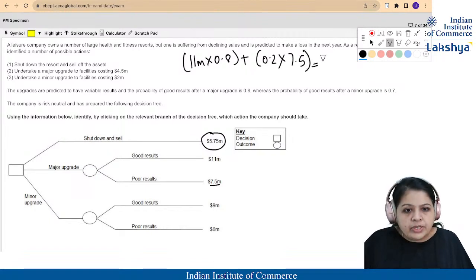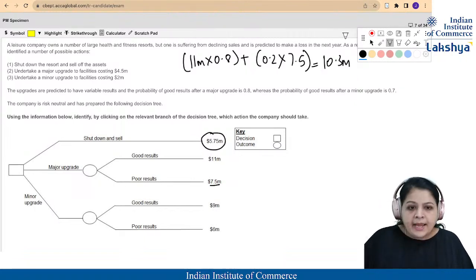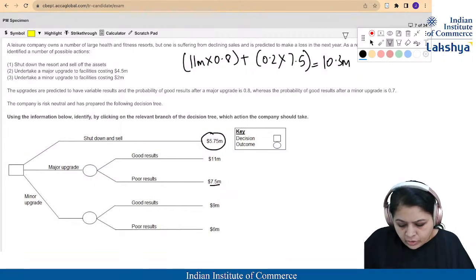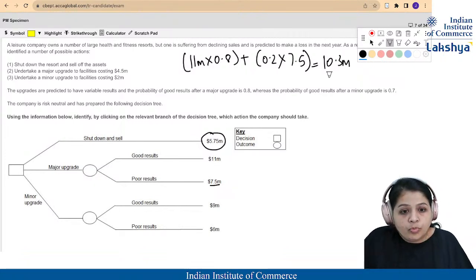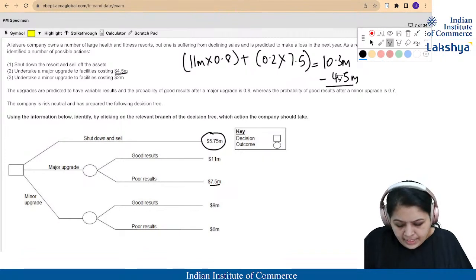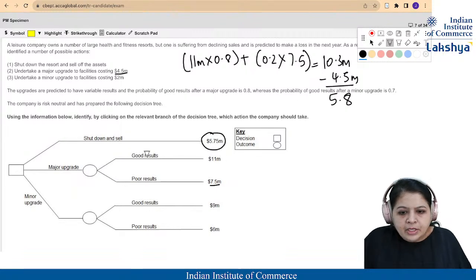So that comes to 10.3. And obviously from the 10.3, you need to deduct your 4.5 because that is the cost that the company will bear. And the value comes to 5.8, right? So we have taken care of the major upgrades.